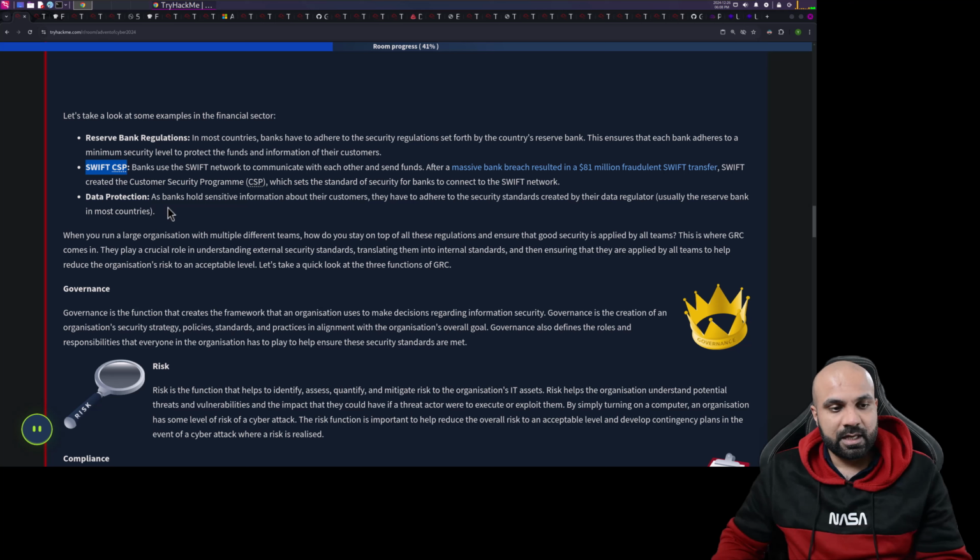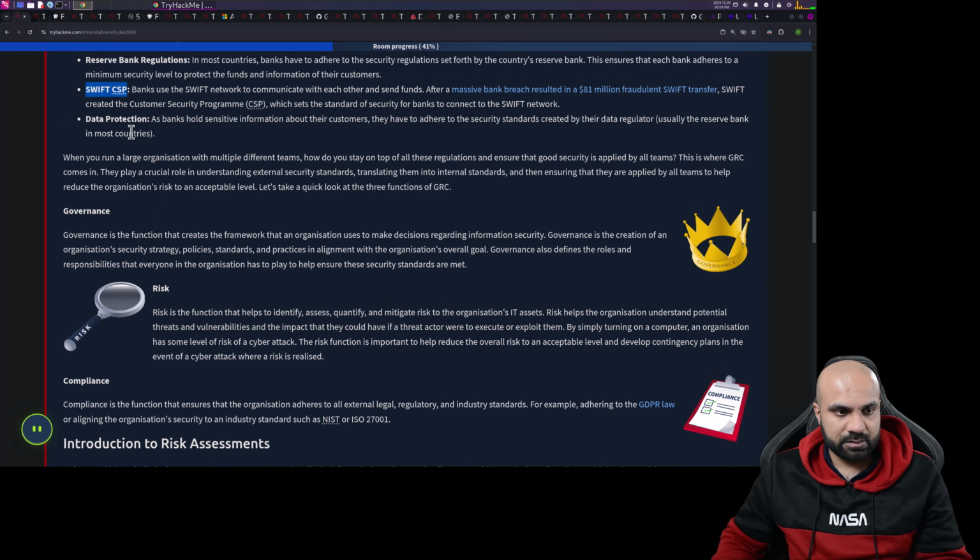Data protection. As banks hold sensitive information about their customers, they have to adhere to the security standards created by their data regulator. Usually the Reserve Bank in most countries.